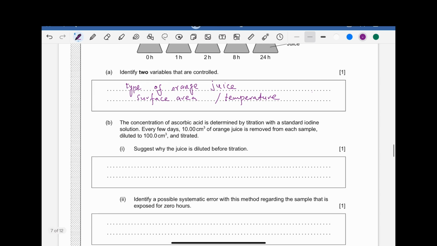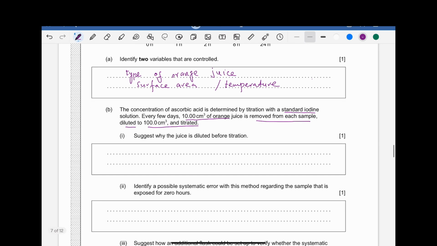B. The concentration of ascorbic acid is determined by titration with a standard iodine solution, a solution of known concentration. Every few days, 10 cm cube of orange juice is removed from each sample, diluted to 100 cm cube and titrated. Suggest why the juice is diluted before titration. It is too concentrated, that can be one reason, or to perform multiple titrations, and another reason can be to have a clear endpoint.